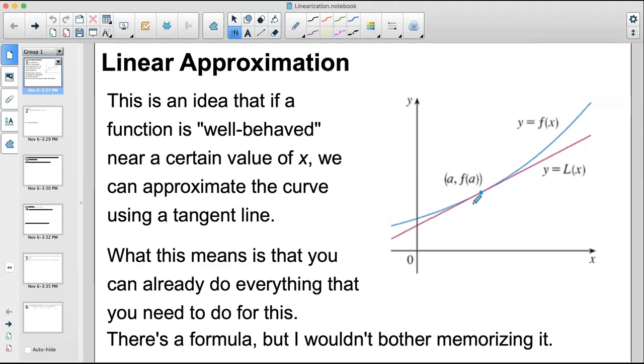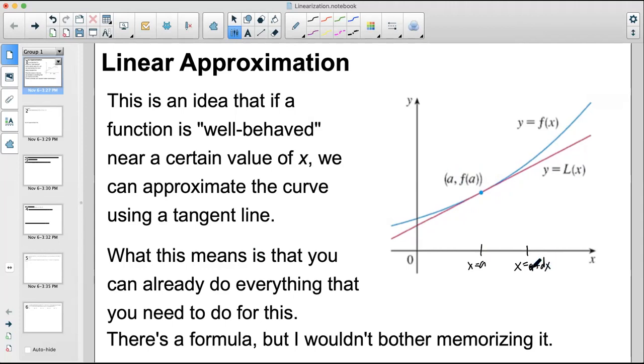But basically everything you need to know to do this, you already know how to do. The idea is, if I can figure out the equation of this tangent line, then for values near, let's say this value right here is x equals a. You can see the x coordinate is a. If I choose x coordinates that are near a, like a plus a little bit, it doesn't matter what the little bit is called.